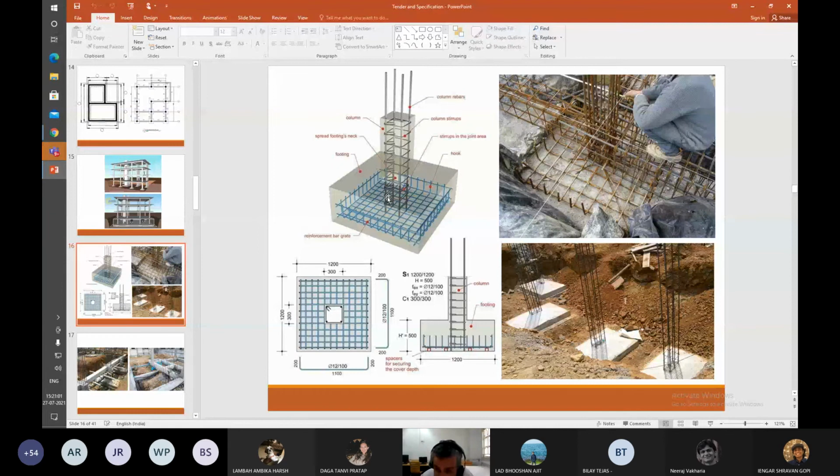The rate will change drastically. Why will the rate change drastically? Because the raft footing is casted at a height, look at the height at which the footing is casted in this photograph to my right. Barely anything. A person can easily step down. This is like 2 meters below the ground, 6 to 7 feet below the ground. For a raft, it is going to be 3-4 meters below the ground.